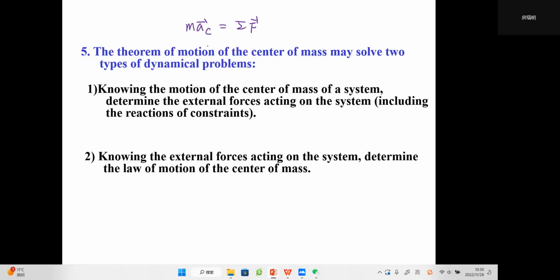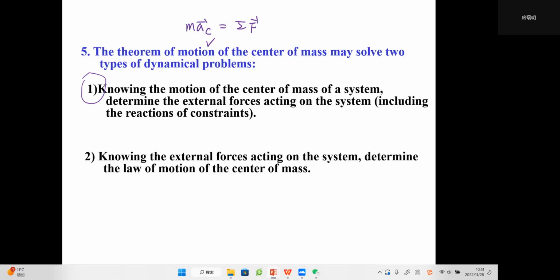So we know AC. Then we can determine the external forces acting on the system, including the reaction of constraint. You know, if we know AC, we can find out the external forces acting on the system, right? So this is the first kind of problem.